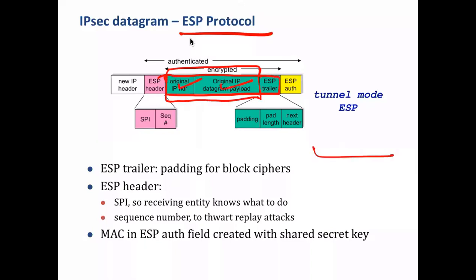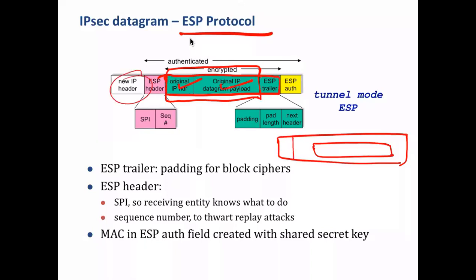So you take the IP packet that has come and encapsulate it in another IP packet, and add an extra field. So this is a new IP header, and then another extra field you put here, which corresponds to this protocol, which we'll call the ESP header. Now this ESP header has to contain certain information that the recipient has to know, what kind of cryptos are to be used, whether authentication is used.